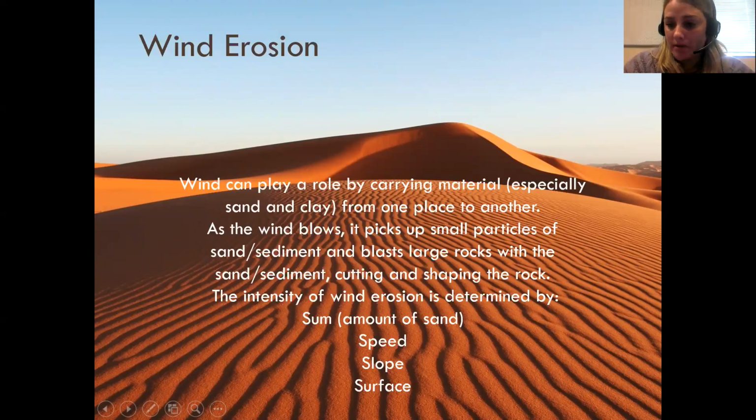The greater the speed of the wind, the greater our rate of erosion. Slope, so how steep something is. And more surface area as well. All of those are going to play a role. Remember, we talked about surface area in the first lecture. The greater the surface area, the greater the exposure to weathering or erosion, so that rate is going to go up because of that.